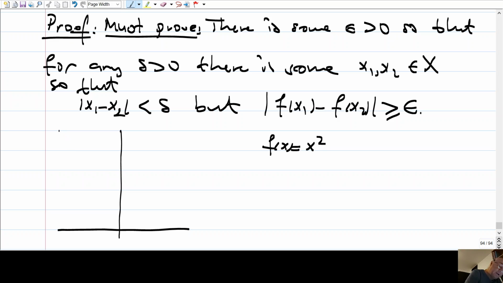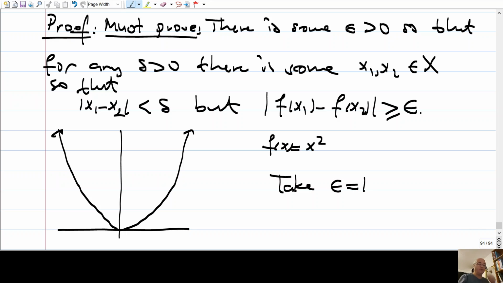It has a graph like this, a parabola, and I claim there is some epsilon. Just take epsilon to be 1. Actually, any epsilon works. For any epsilon, I can find such points, but let me just take epsilon equals 1 because it is enough to find just one epsilon. I will show what?